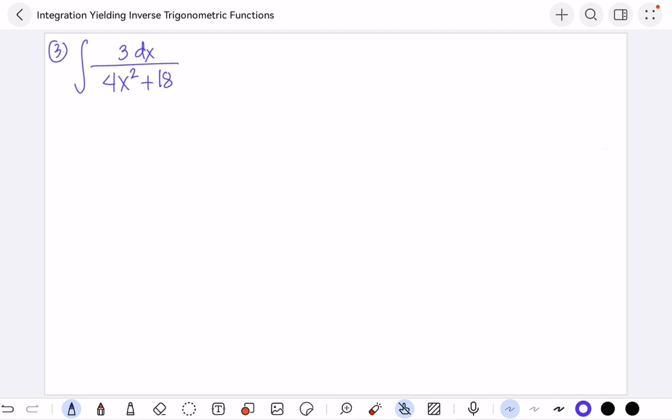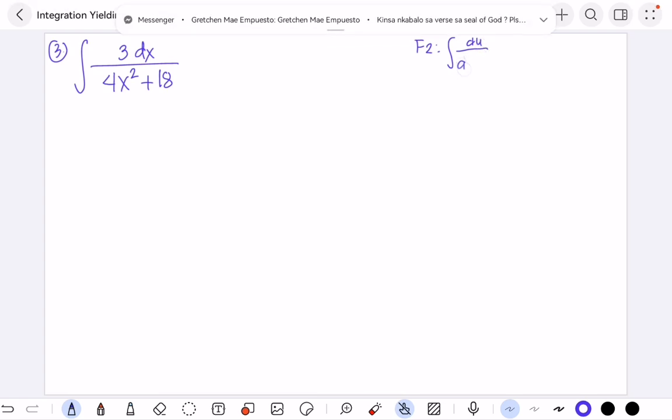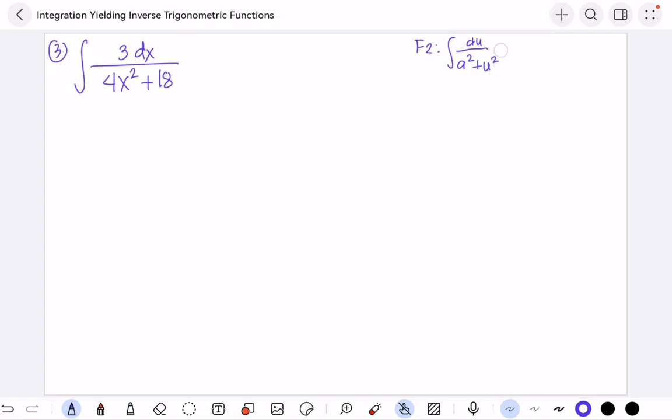If I recall the second formula, F2, it's integral of du over a square plus u square. It's just 1 over a arctan of u over a plus c. This is just the formula.